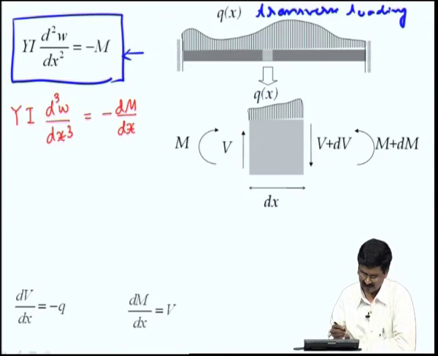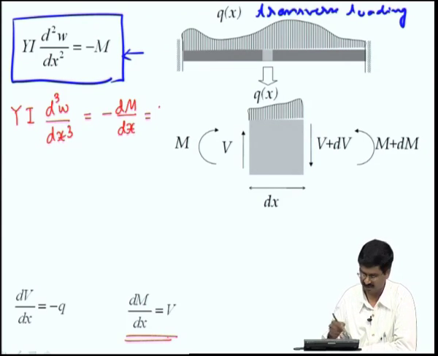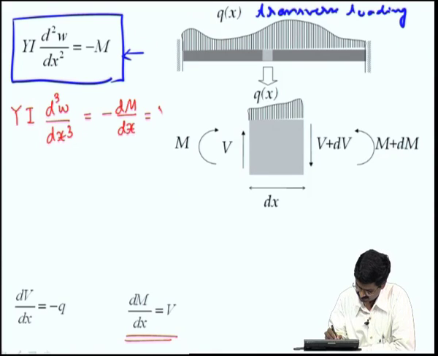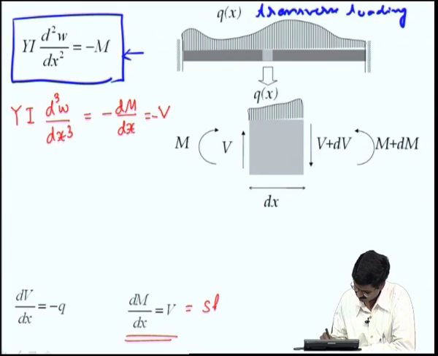That dM by dx is equal to V, as shown over here. We will derive why that is the case. So, Y I times the third derivative of the transverse displacement with respect to x is equal to minus V, which is called the shear force.